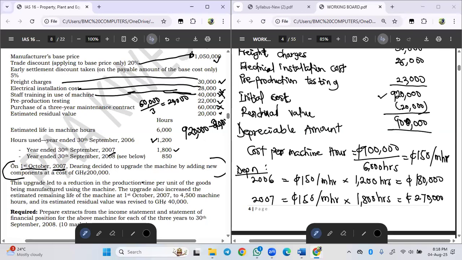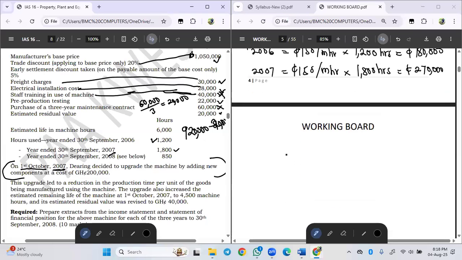So let me use this one, maybe you understand it well. For 2006, let's say they started the business on 1st October 2005. It will end on what? 30th September 2006. That's what we have.